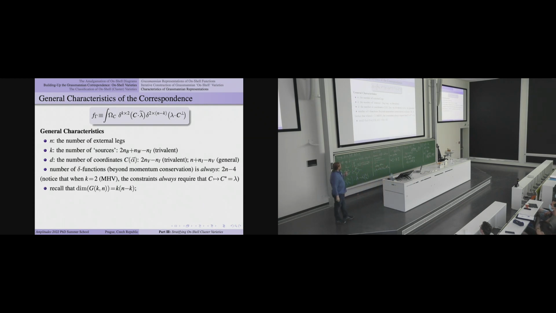Now, I want you to note, of course, the dimension of the Grassmannian. So the number of things is k times n minus k, which is how many independent parameters there are for us to eliminate. And yet, by gluing together diagrams of arbitrarily large size, D can grow arbitrarily large.